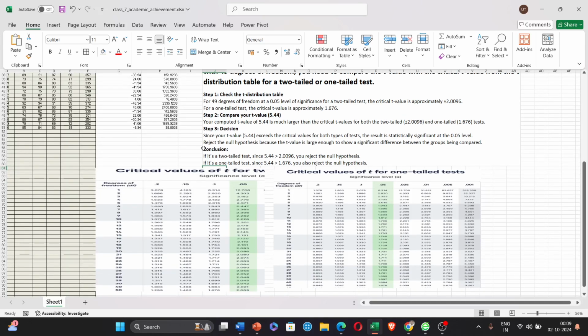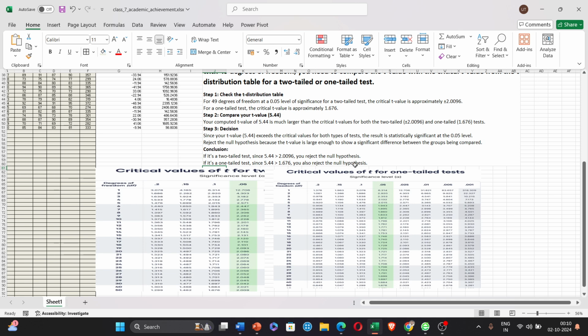So in conclusion, we can say that for the two tail test, if our value is more than 2.0, then we reject the null hypothesis. Rejecting the null hypothesis means there is a significant difference. For the one tail test also we reject the null hypothesis.